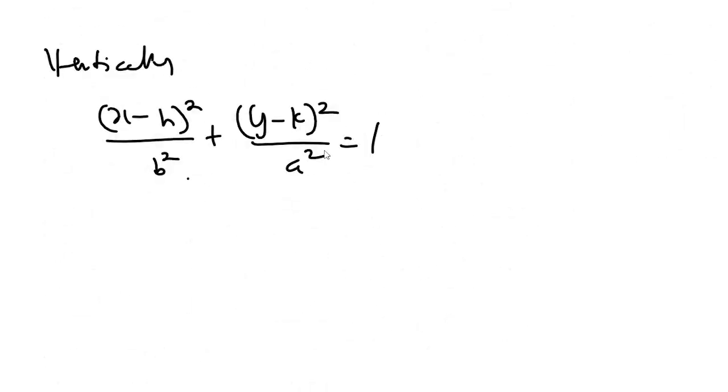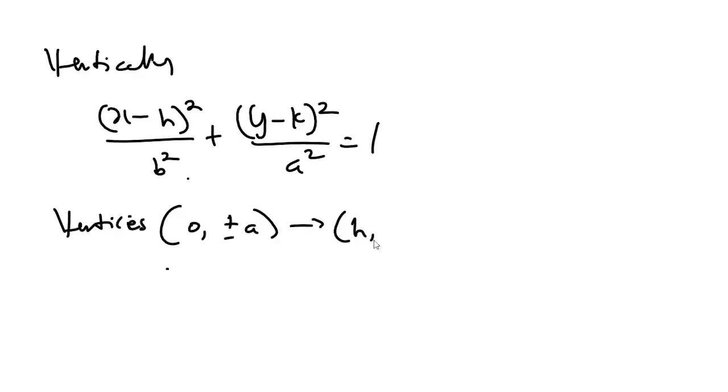Initially when it's at the origin, we have our vertices being 0, plus or minus a. At this point it will change. I'm going to get (h, k plus or minus a).